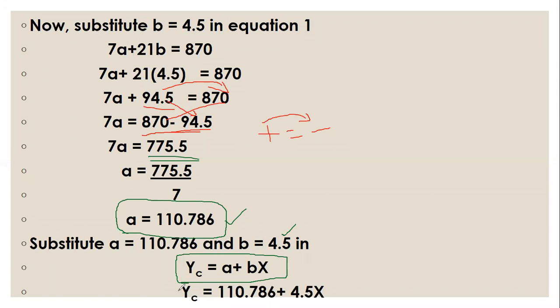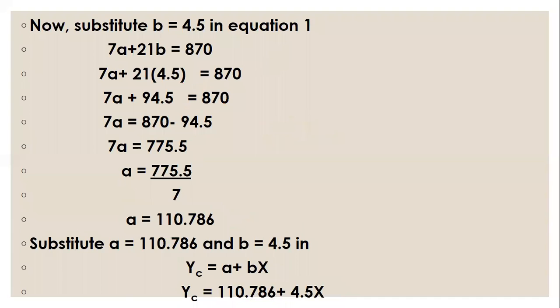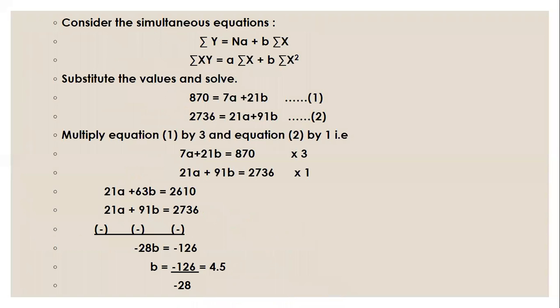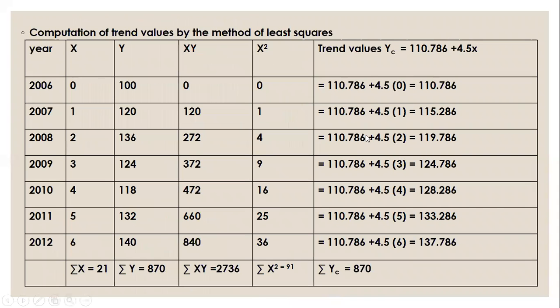Now we have this equation given to us. Let us take it to the question directly. Now in the question, if you see here, in this table we have written that equation, which is 110.786 plus 4.5x. Now if you see the question, x values we have already assumed them, right?